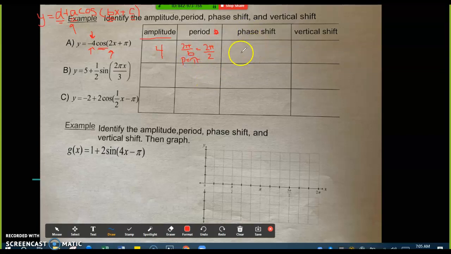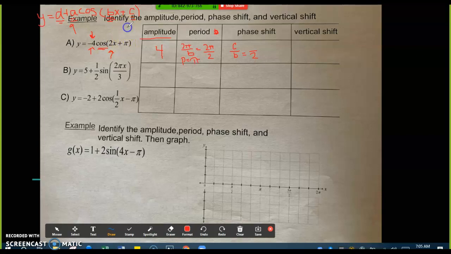Okay. Phase shift. I'm going to be taking C and dividing it by B. All right. We already know that our B is equal to 2. Okay. So what is our C? Well, our C is whatever is being added or subtracted to the X value.